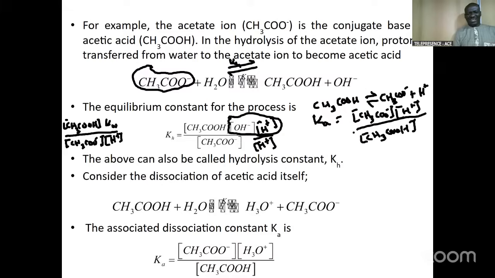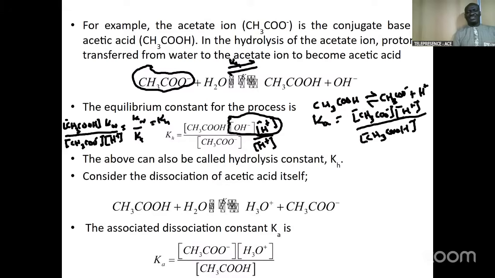So that means this will be equal to KW over Ka. That is, KH is equal to KW over Ka. So you can see the relationship now.